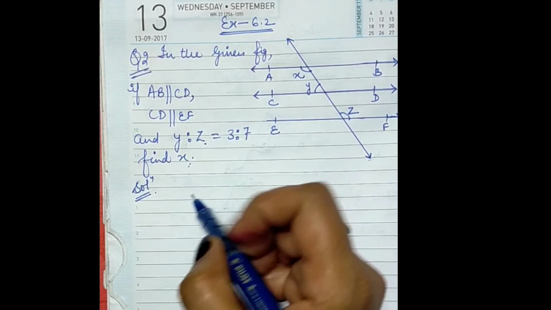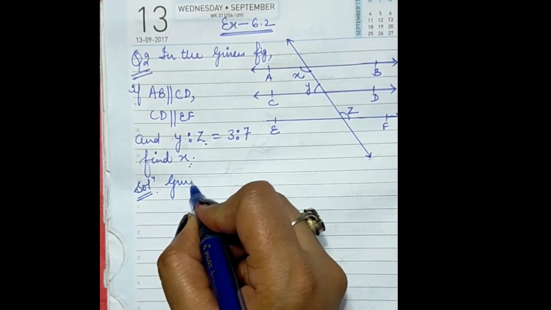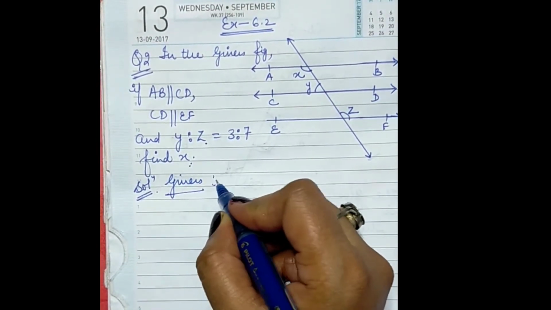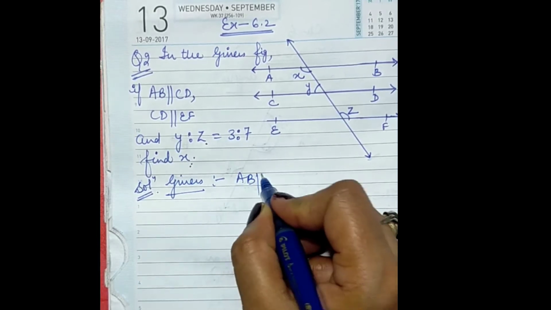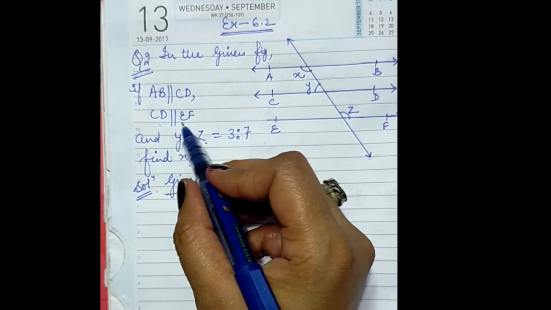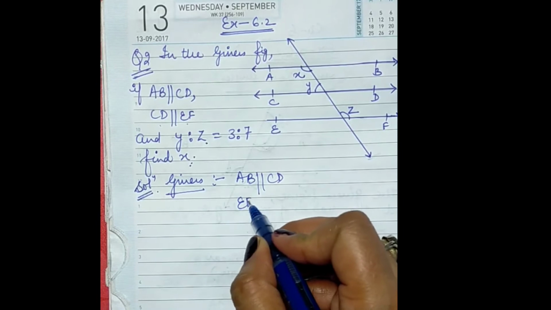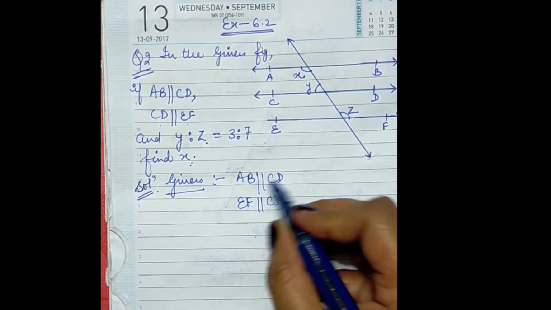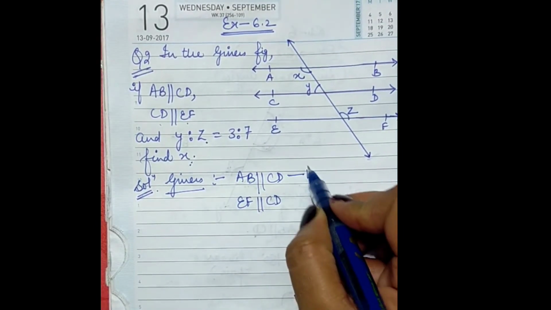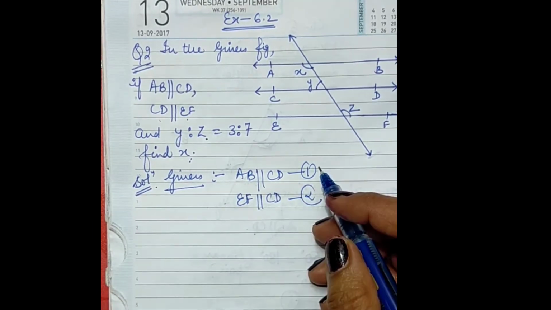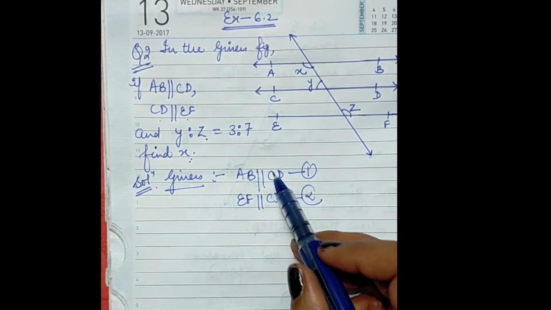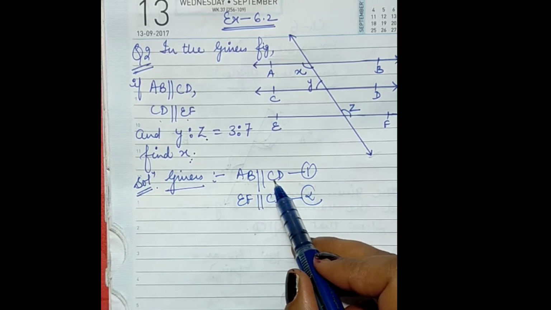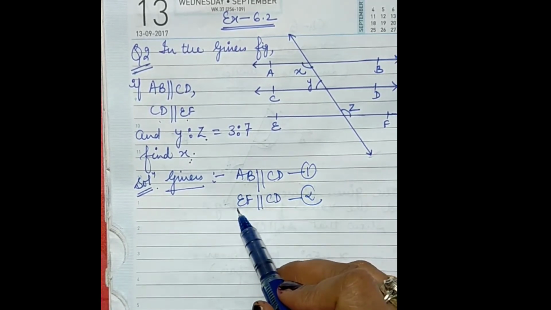We have been given that AB is parallel to CD, and here also CD is parallel to EF. I am writing EF parallel to CD because I am keeping both CDs on one side. So let it be 1 and let it be 2. Now you can see in both the cases CD is parallel to AB, CD is parallel to EF.